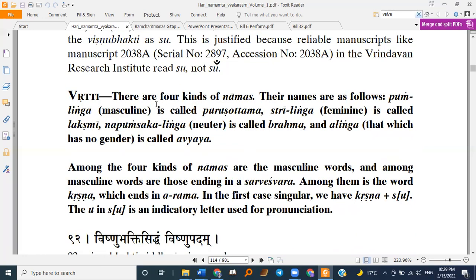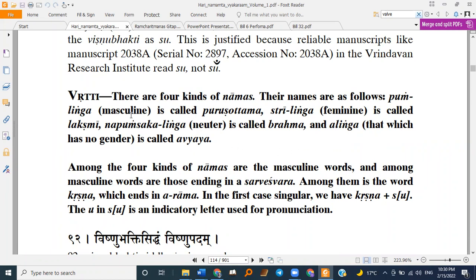We studied in the last class that the nouns, the namas, are classified into 4 groups as per their genders, lingas. Masculine, feminine, neuter, and the last one is indeclinable, avyaya.